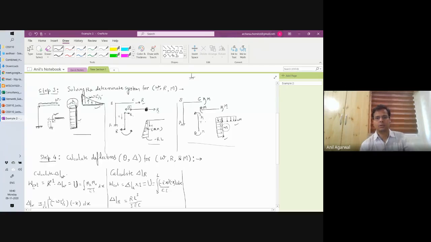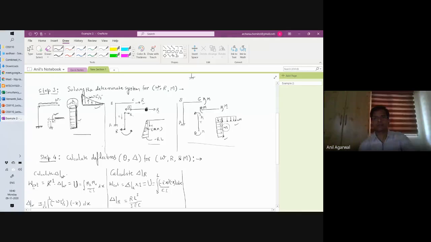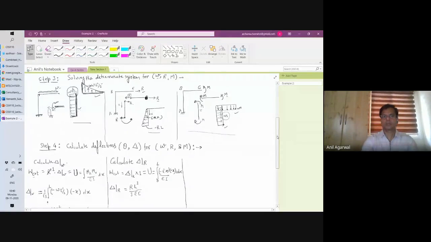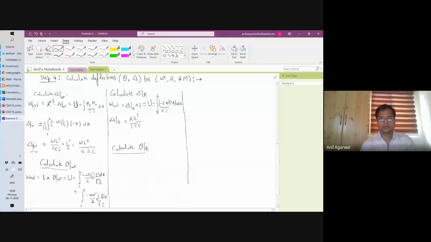Okay, M is equal to 1. Or in other words, I have to take this bending moment diagram and this bending moment diagram, the second and the third one, and multiply. So again, repeating the steps, external work was equal to theta of R multiplied by unit moment. Okay, that will be equal to U.